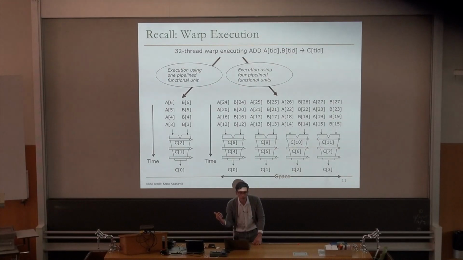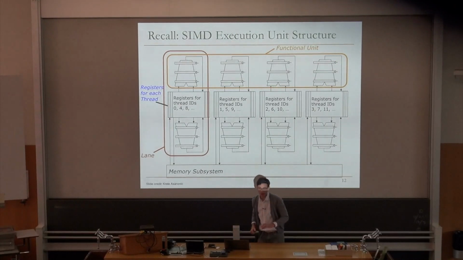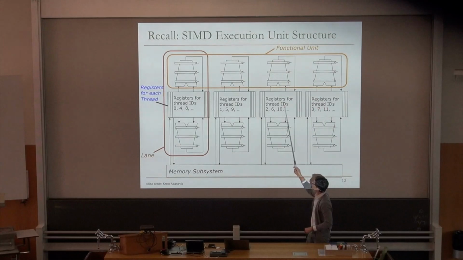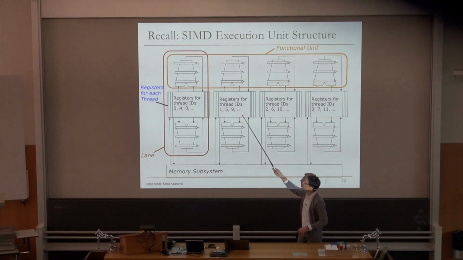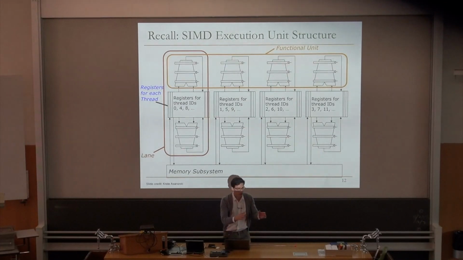Where are the operands coming from, and where are the results going to, for these ALUs or execution units? They are going to the registers. You remember this slide where we have this register file, and this register file is partitioned in a way that a certain number of registers are assigned to the different threads that we are going to execute.